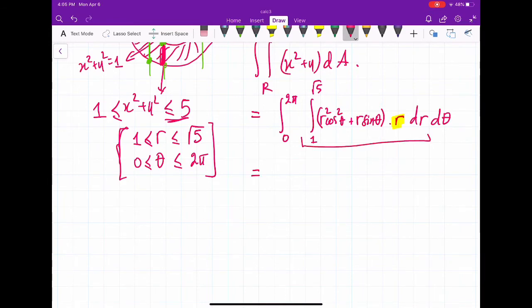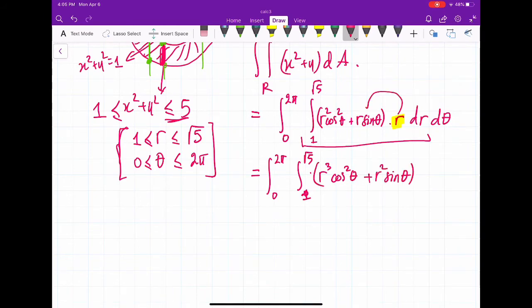Okay, so it's pretty easy to do this integral. Let's find the inside integral. We integrate with respect to r. So I have the integral from 0 to 2 pi, and here the integral from 1 to square root of 5 of r cubed cosine squared theta plus r squared sine theta.